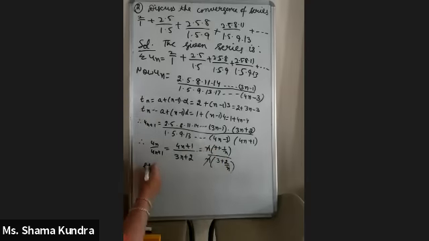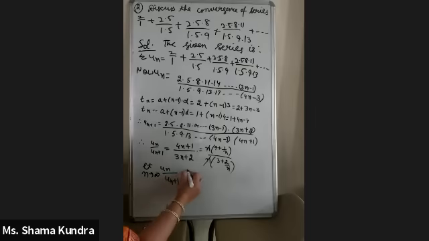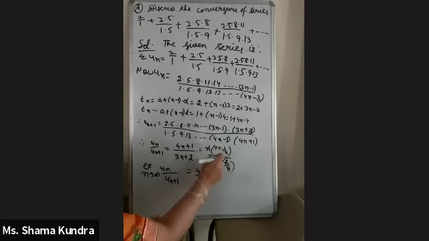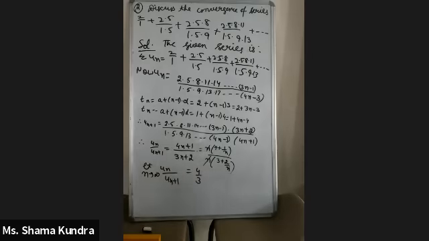Now take limit n tends to infinity. What we will get? 4 upon 3, as 1 over infinity is 0. 4 plus 0, 4. 2 over infinity is 0. Something over infinity is 0. 3 plus 0 is 3. 4 over 3 is greater than 1.